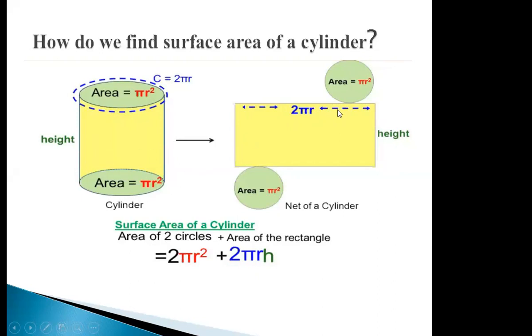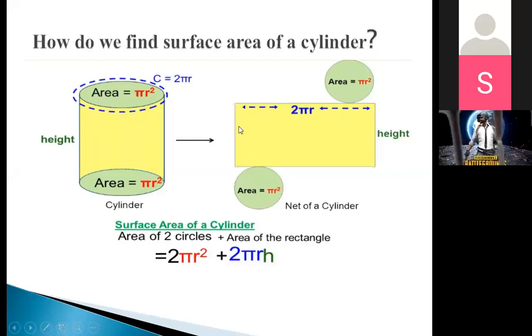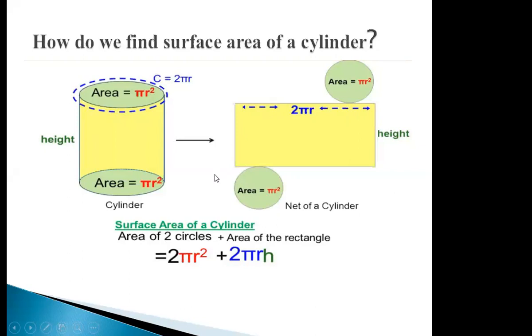When you have a rectangle and when you start turning it into a curved cylinder, the curved surface changes into a cylinder. So this length of the rectangle becomes circumference of the circle at the bottom. That becomes 2 pi r. And this is the breadth, which is the height of the cylinder, isn't it? Are we all getting? How did we find the surface area using two circles and a rectangle?